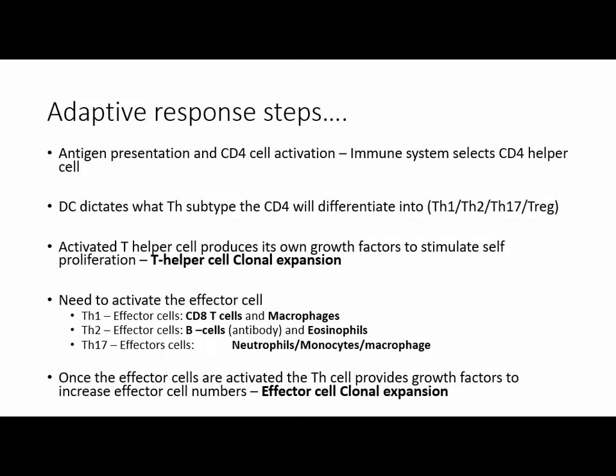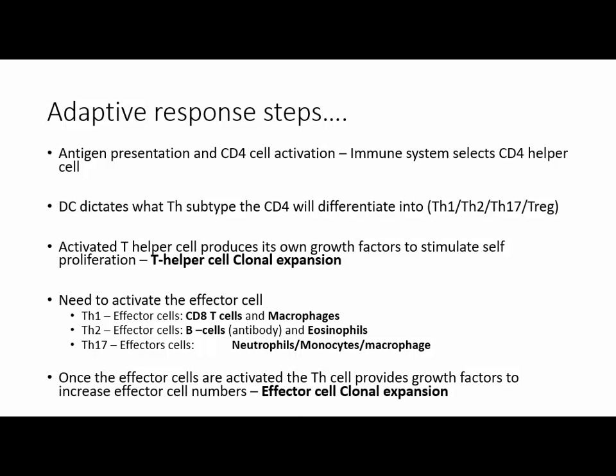The next step we need to do is, once we've got enough T helper cells, that is enough CD4 T cells, we now need to recruit and activate the cells that are actually going to kill the pathogens. Okay? And in the case of a Th1 response, it will be CD8 cells and macrophages. In the case of a Th2 response, it will be B cells and eosinophils.